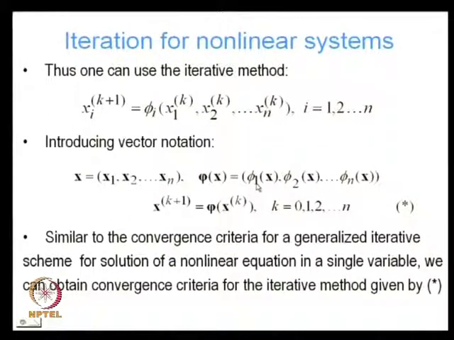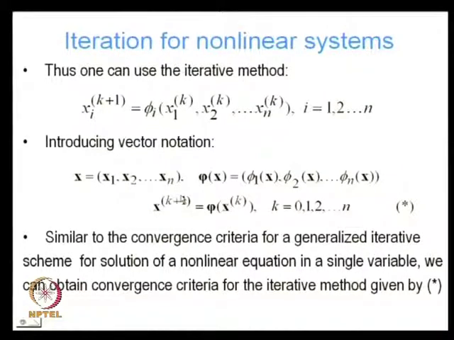So, phi 1 of x, phi 2 of x, phi n of x, these are my phi's, and then in vector notation I can write the iterative scheme as x of k plus 1 is equal to phi of x of k. So, we have n equations like this, x1, x2 and so on and so forth, and this is going to hold for k equal to 0 to n.